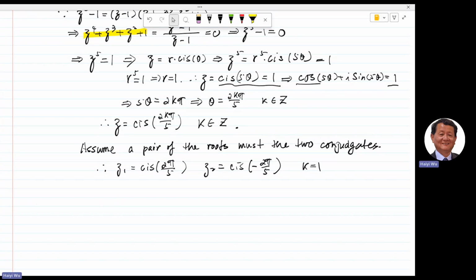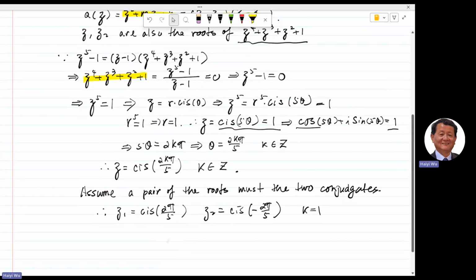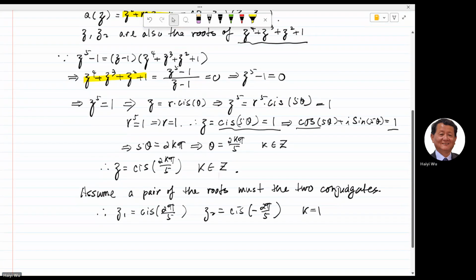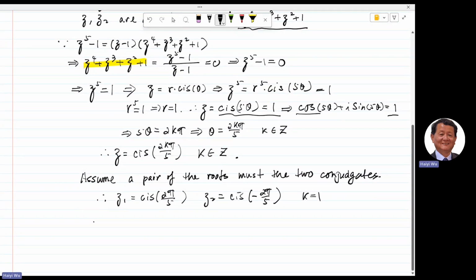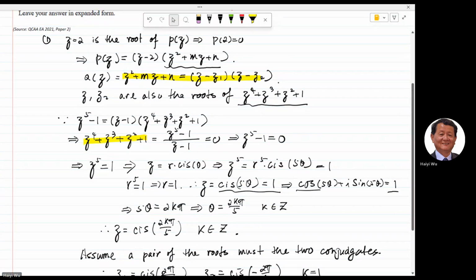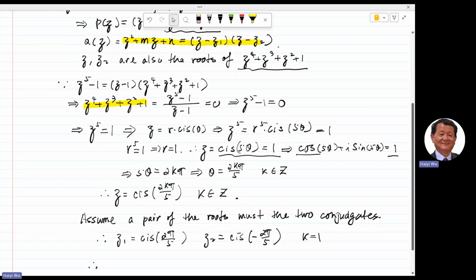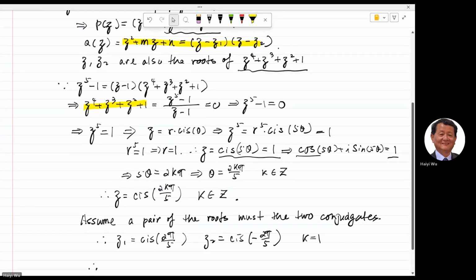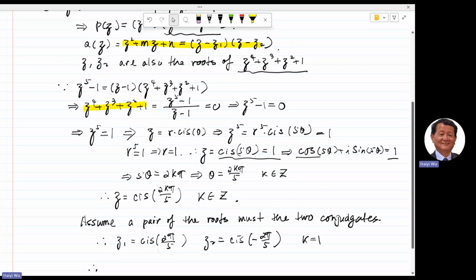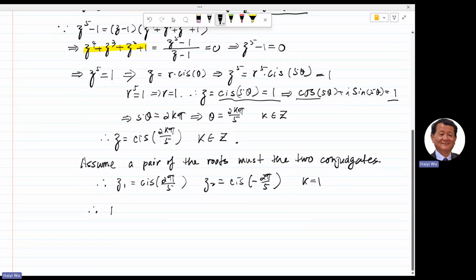So now we're going to substitute. I'm going to put into the P(Z). So the P(Z), we can write as first Z minus 2, which is already given.